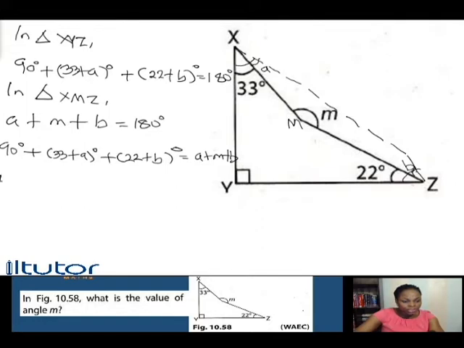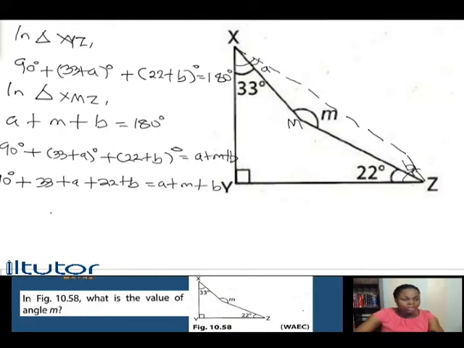We have 90 degrees plus 33 plus A plus 22 plus B is equal to A plus M plus B. So this is 33 degrees. This is 22 degrees.